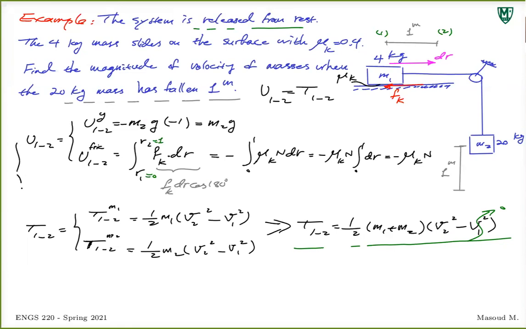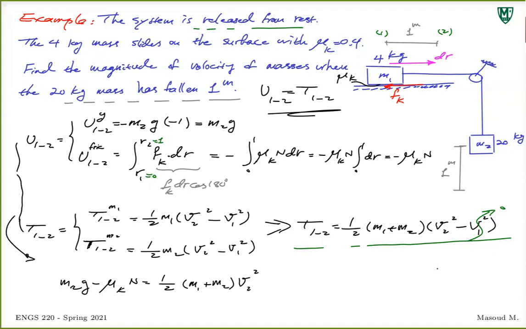Once you get these two, the rest shouldn't be that bad. Just put everything together. It's going to be m2g, forming this equation: m2g minus mu k, I'll just put n, then I'll plug that in, is equal to 1 over 2 (m1 plus m2) v2 squared.